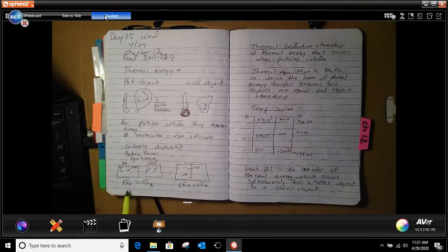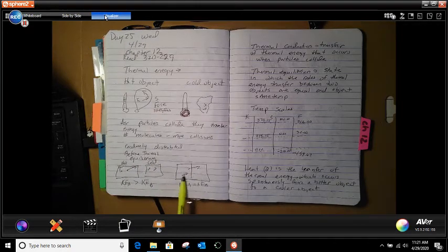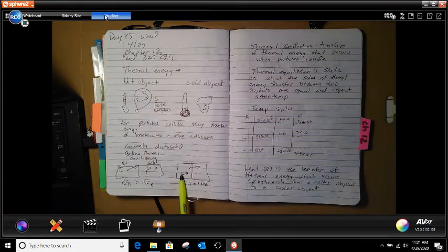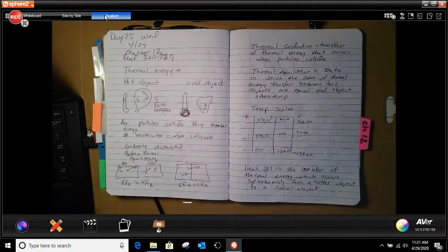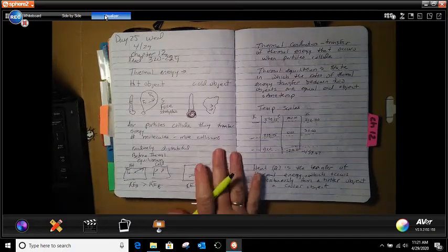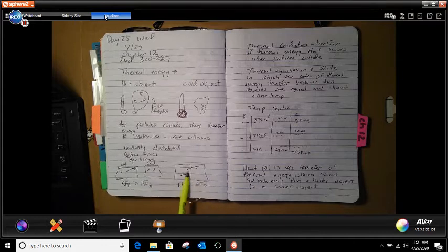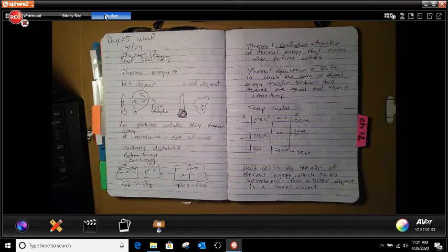It's telling you that the kinetic energy of A is greater than B. Now, when you put them together, eventually they will reach a state of equilibrium. What that means is they're going to be the same temperature. You have hot, you have cold, and then now you have something that's completely distributed throughout at the same temperature.